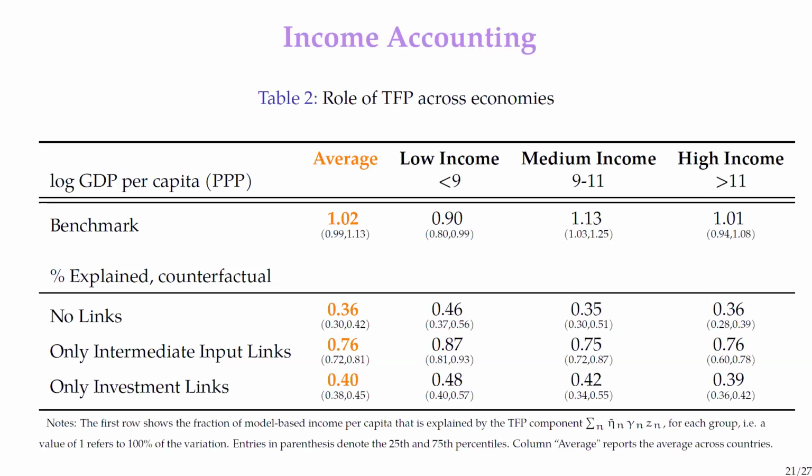To measure the direct impact, we consider an economy only with investment links, and we see that it only explains 4% of the difference from the economy without links. So this means that almost all the impact of the investment network in explaining model-based income is explained by the interactions of the investment network with the production network.